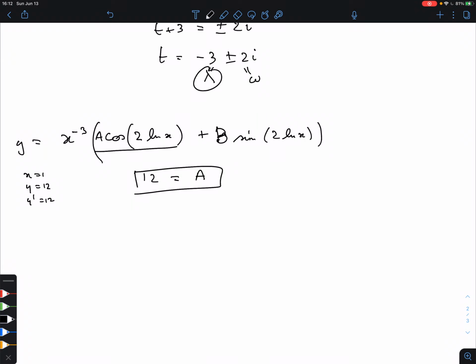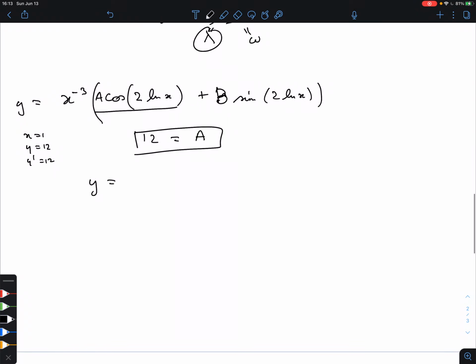Now we need to take the derivative. This is a product, so we can do the product rule. You can also do the quotient rule, but I'm not in favor of that, as I told you already many times. That is the result of taking the derivative of the first factor.